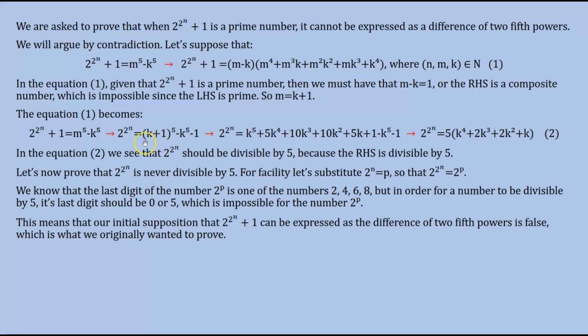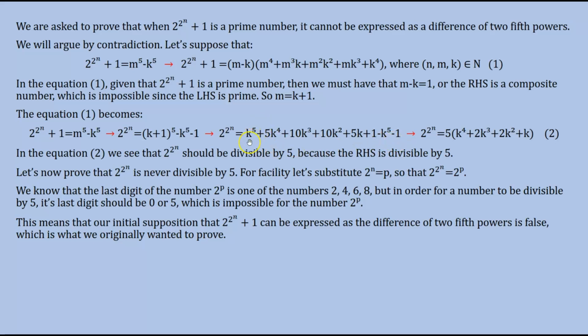Now, by doing the simple operations on the right-hand side, we get that 2 to the power 2 to the power n is equal to k to the 5th plus 5k to the 4th plus 10k to the 3rd plus 10k squared plus 5k plus 1 minus k to the 5th minus 1.